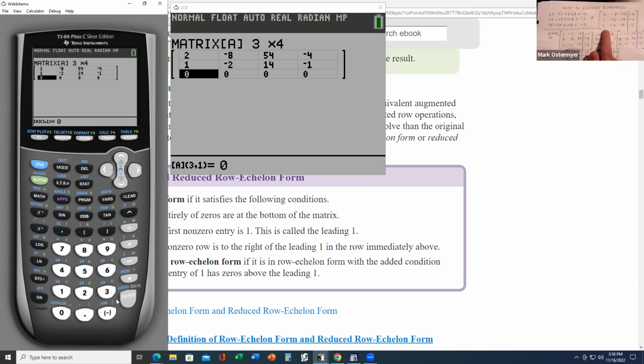So I'm typing this system in as a 3x4 augmented matrix. All right, there we go. We've typed in this system of 3 linear equations, 3 unknowns as a 3x4 augmented matrix.